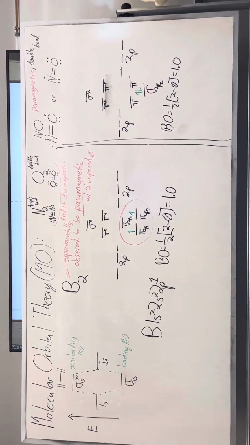On a quiz, like the one on Friday, I will give you MO diagrams. The only MO diagram I expect you to know by heart is for the s orbitals, because it's literally just an s and an s, bonding and anti-bonding.